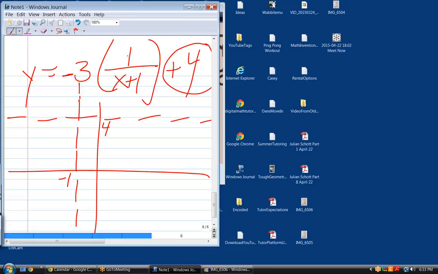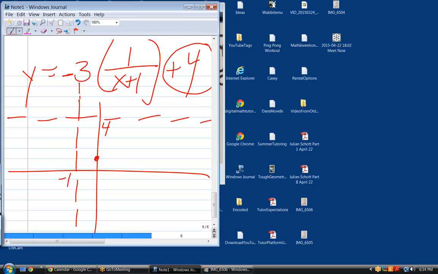This becomes 1 times -3, which is -3, but then we still have to add 4 to it. Right, I forgot the 4. So when x is 0, what is y? Y would be 1. Okay, here's x of 0, here's y of 1.